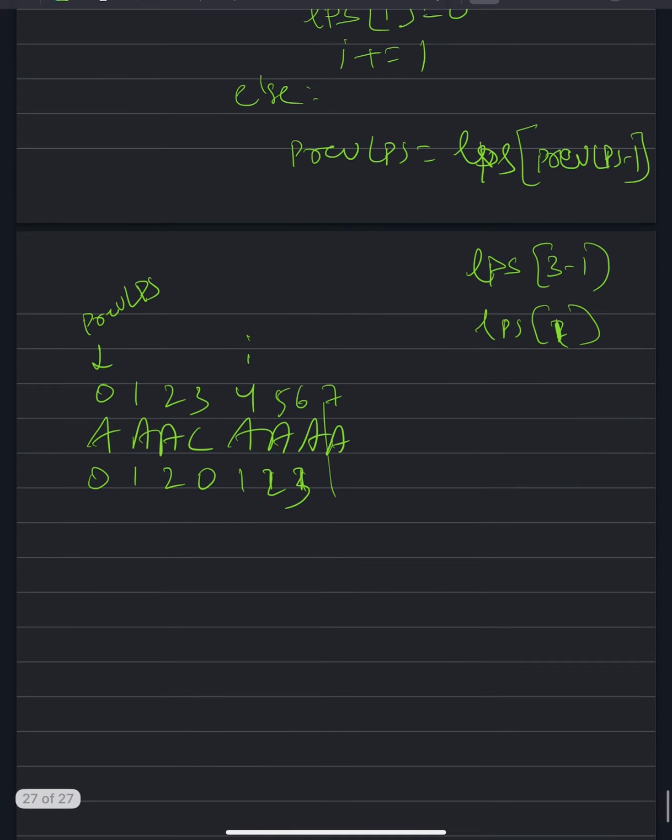We were checking if 4 is possible or not, and what we find is that A and C is not matching, meaning 4 as an LPS is not possible in this case. So we will check for one lower. What is the LPS for that, which is 4 minus 1, LPS of 3.